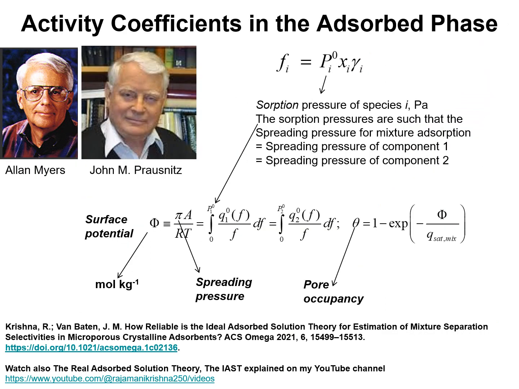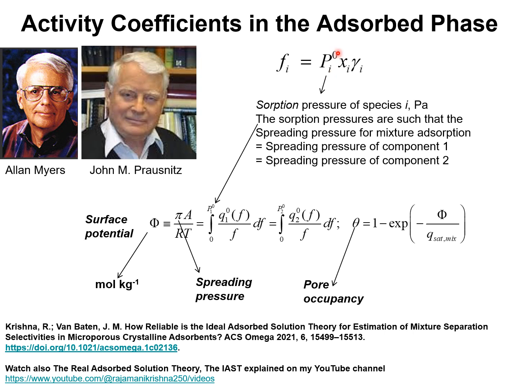In the Myers-Prausnitz theory of mixture adsorption equilibrium, the partial fugacities of each of the gas components in the bulk fluid mixture is related to the mole fractions x sub i in the adsorbed phase by this expression, which is a generalization of the expression for description of mixture adsorption equilibrium in fluid mixtures.